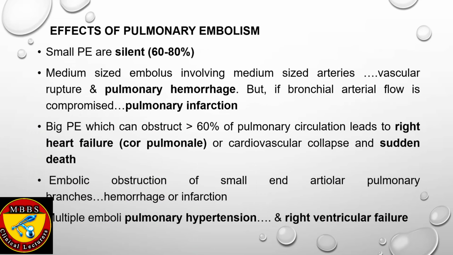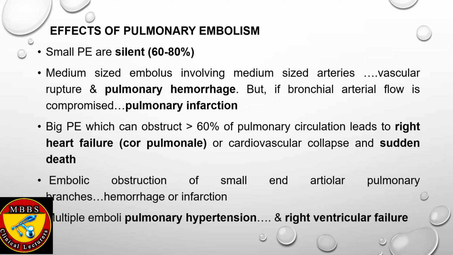Okay. Now what can be the consequences of these pulmonary emboli which have traveled through the pulmonary vasculature to the pulmonary artery? So 60 to 80% of them are silent. They do not present with any clinical symptoms as they are small. But the ones involving the medium-sized arteries could cause vascular rupture and pulmonary hemorrhage.